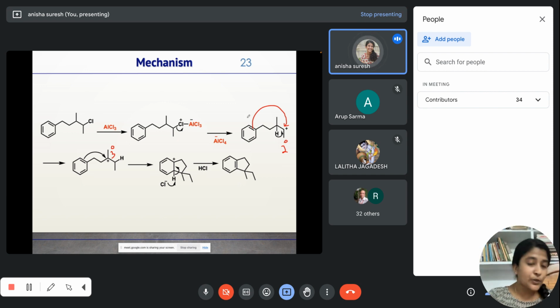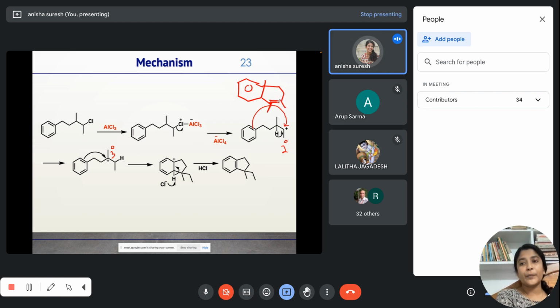Option A will also be forming, but to a lesser extent, where a six-membered ring will be generating, 1, 2, 3, and 4.